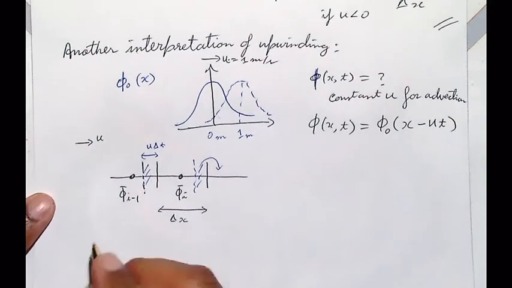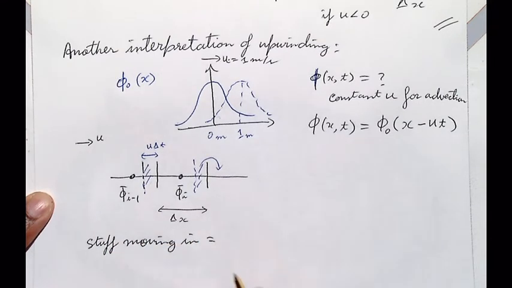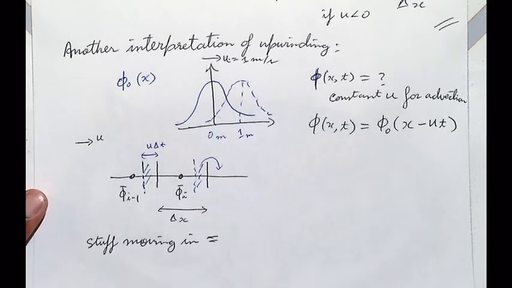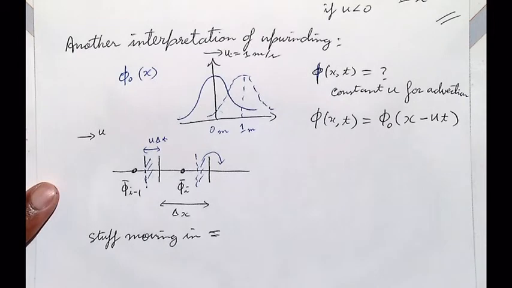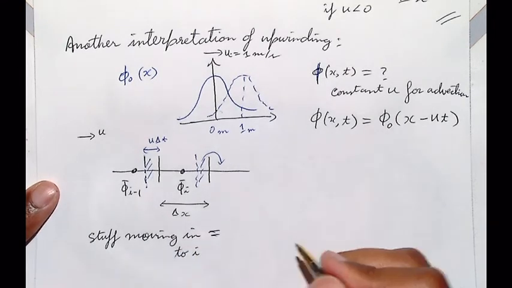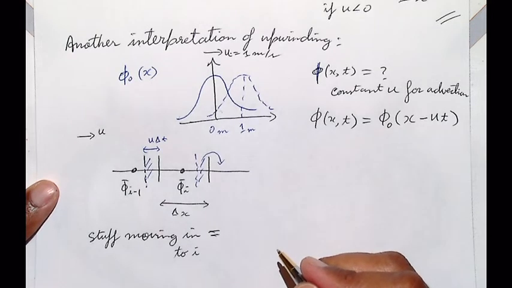So the stuff that moves in is what? Not exactly u delta t, but... Is there any negative sign, minus u delta t?